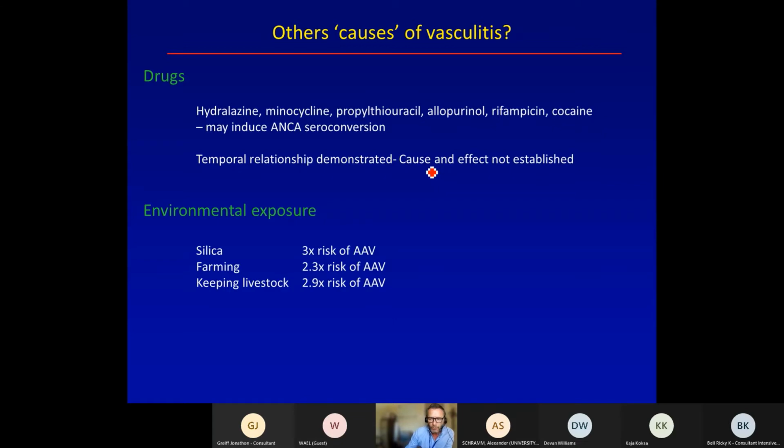And finally, there is environmental exposure risk. If you're exposed to silica, you've got 3 times the risk of ANCA-associated vasculitis. And if you're involved in farming or keeping livestock, then again, your risk is increased to a modest extent, again suggesting the presence of environmental triggers.